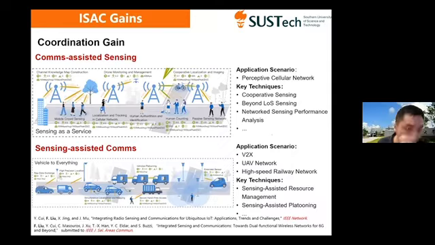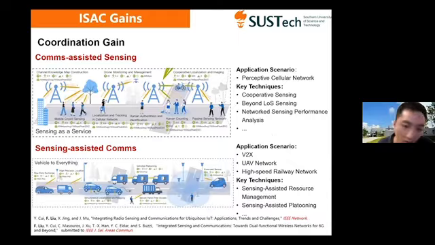With this perceptive cellular network, we can also have sensing-assisted communication. We can use active sensing, instead of the device-based sensing in previous designs. We can use this device-free sensing to assist many high mobility communication scenarios like V2X, UAV networks and high-speed railway networks.